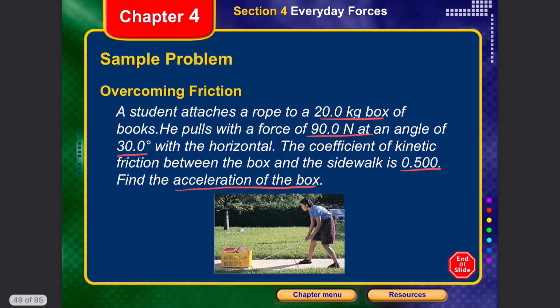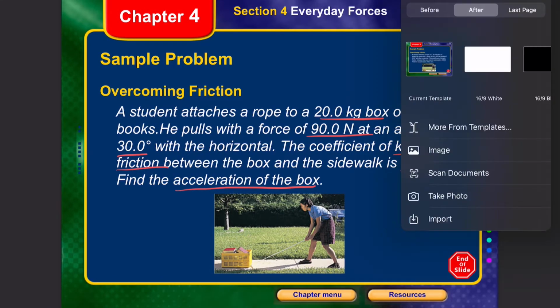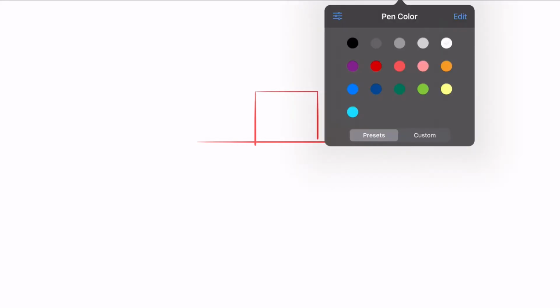Remember that here they are giving us the kinetic friction, which means that the body is in motion. For that condition, let's try to understand the actual object in its motion. So now we have the body traveling in the horizontal direction, and with respect to the horizontal, it is pulled at an angle. So this is the applied force.